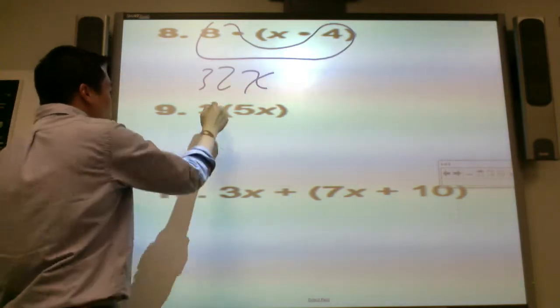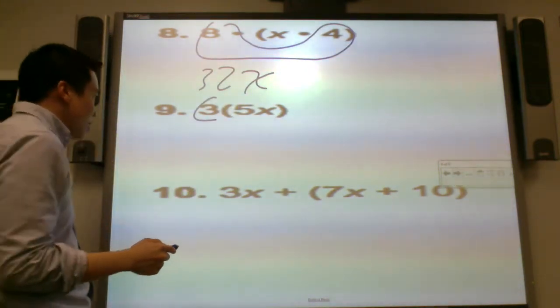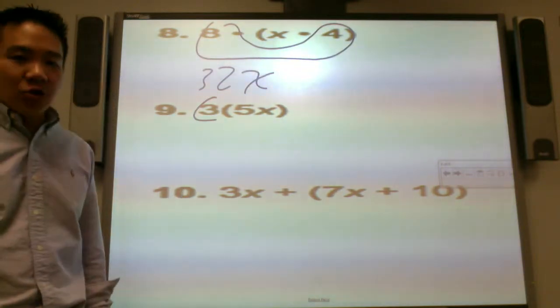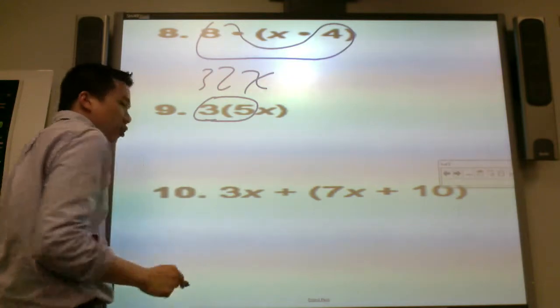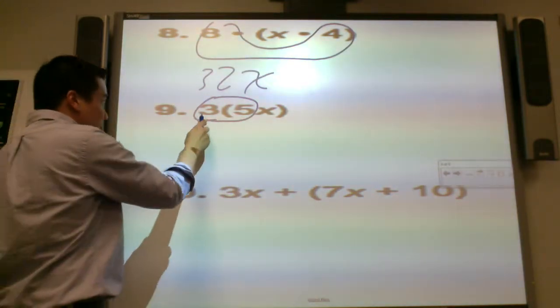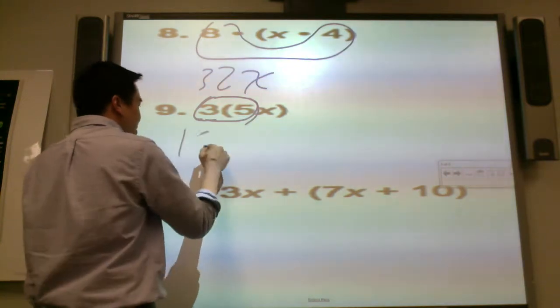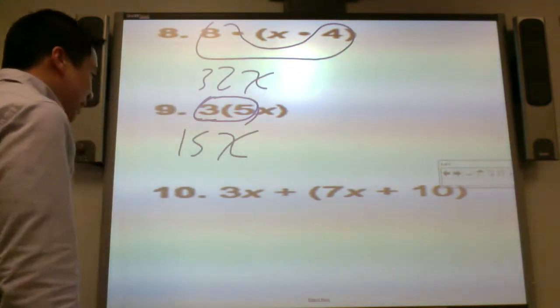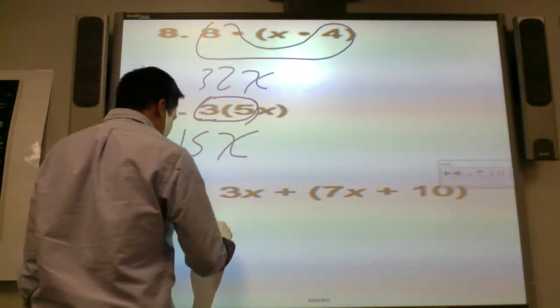Number 9, 3 groups of 5 x's. You can draw 5 x's and then draw 3 groups of it, you'll have 15 x's. Or using the associative property, you can group these two, draw parentheses. What's 3 times 5? 15 x's. Number 10, 3x combined with 7x is 10x plus 10.